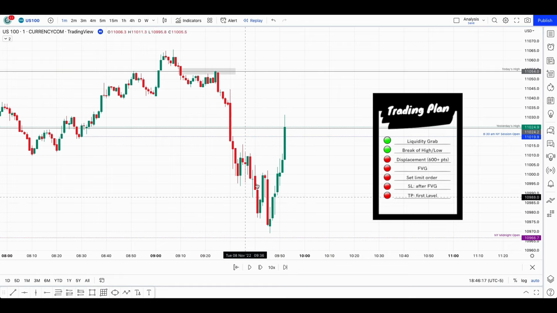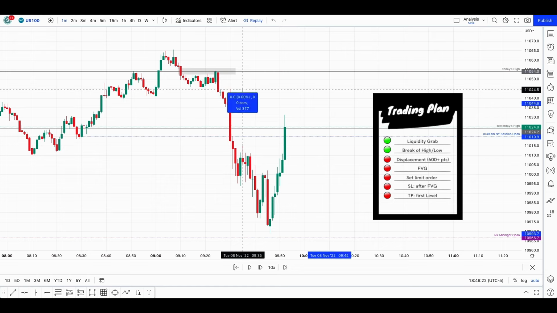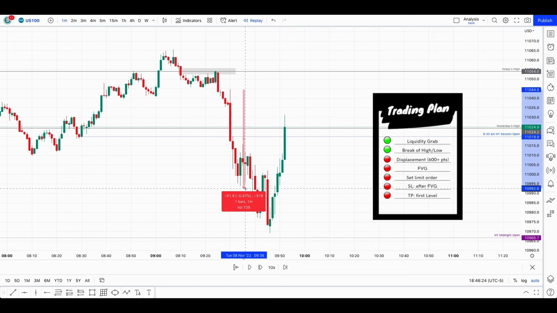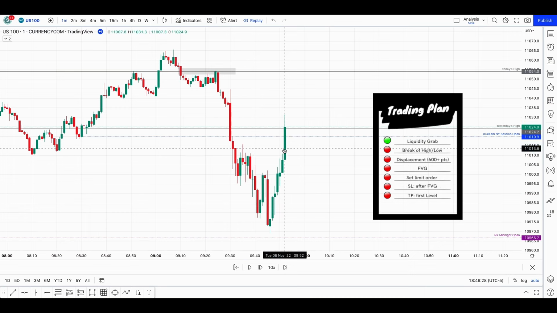It was kind of messy in here. I would not count that as the displacement of 600. I would start counting it from here until this point. And since it's not 600, I would not take this fair value gap. And anyway, the execution would be at 9:52.